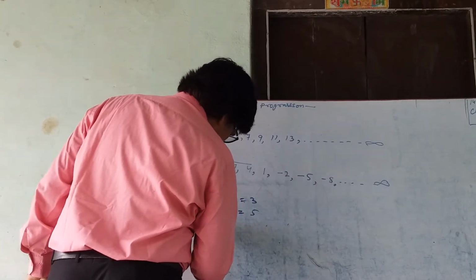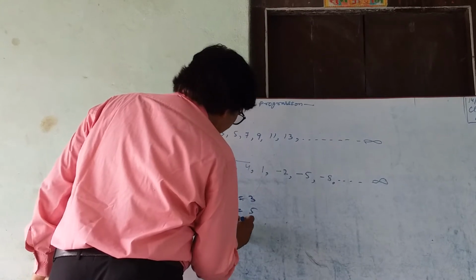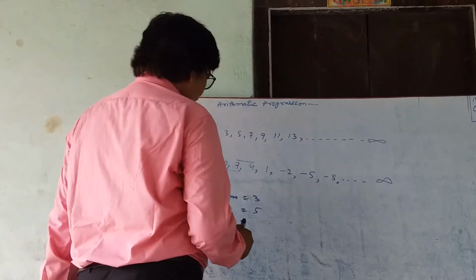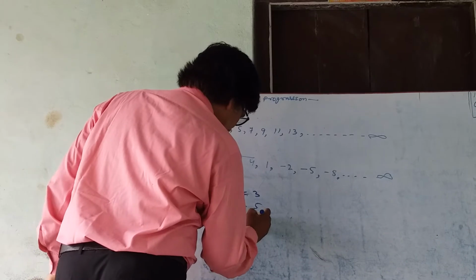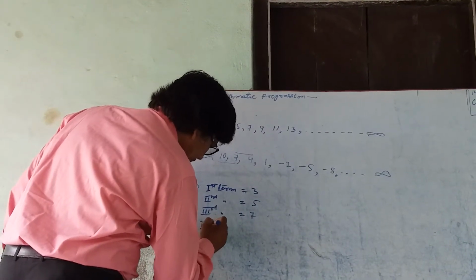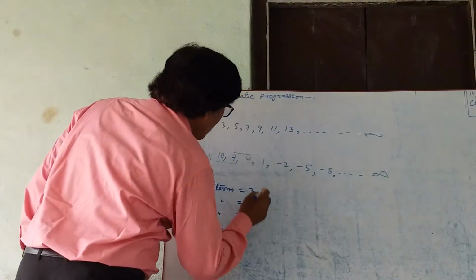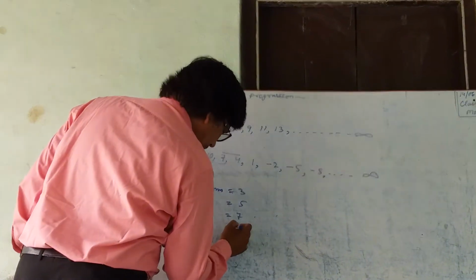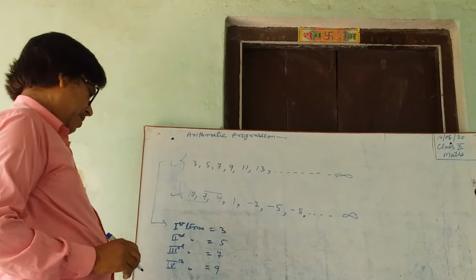Third term equal to 7. Fourth term equal to 9. And so on.